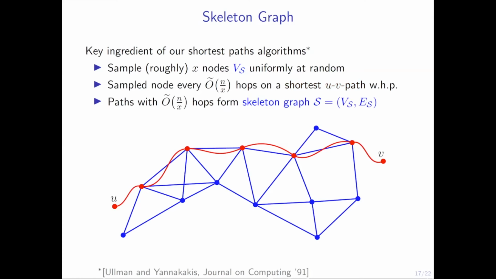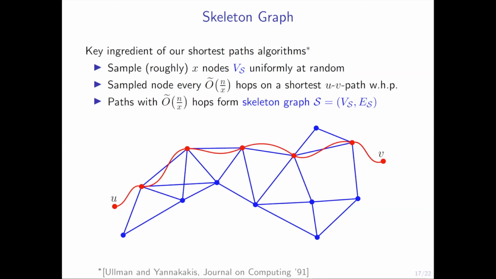And if we look at the graph that we obtain when we add paths with at most n over x hops between these skeleton nodes, with the weight corresponding to the weight of the shortest path, then this resulting skeleton graph has all kinds of nice properties.